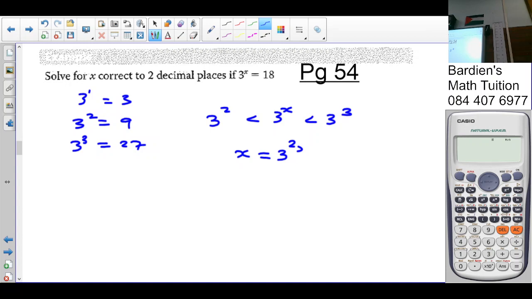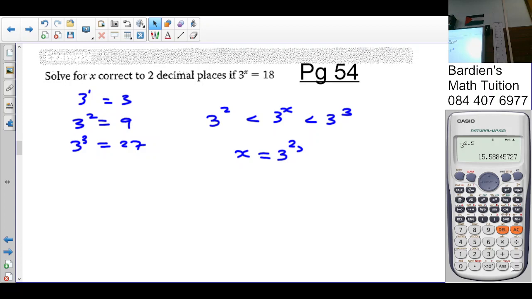So we can start anywhere: 2.1, 2.9, 2.8, whatever. But let's go in the middle, 2.5. Then we know we must go up or down. On our calculators, we say 3 to the exponent 2.5.